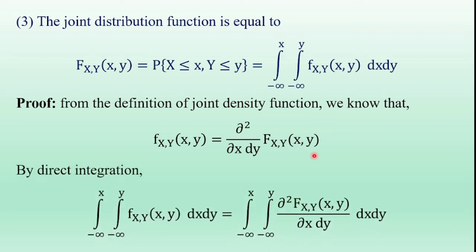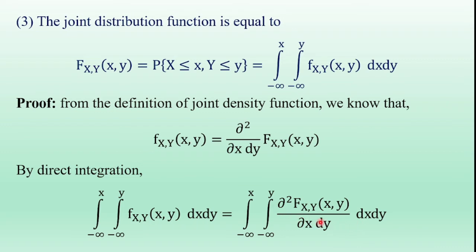So by direct integration, take the integration on both sides. That is, the integral from minus infinity to x, integral from minus infinity to y, of small f_XY(x, y) dx dy is equal, on the RHS, to the integral from minus infinity to x, integral from minus infinity to y, of the second partial derivative ∂²F_XY(x, y)/∂x∂y dx dy.